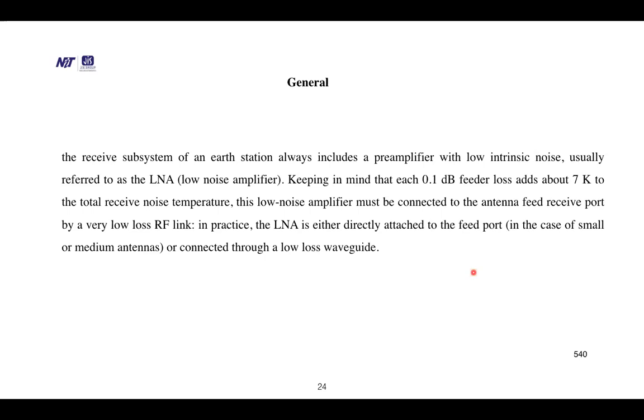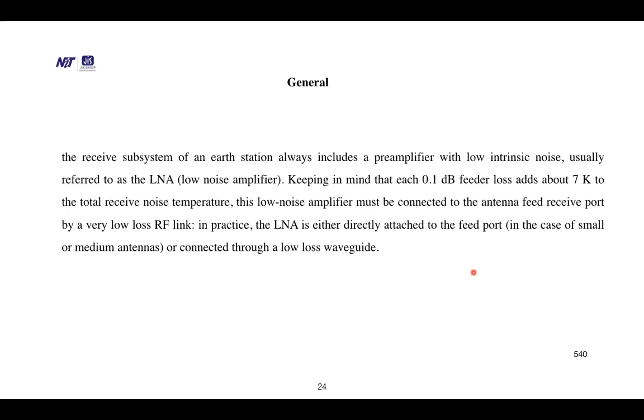This low noise amplifier must be connected to the antenna feed receive port by a very low loss RF link. In practice, the LNA is either directly attached to the feed port in case of small or medium antennas, or connected through a low loss waveguide.